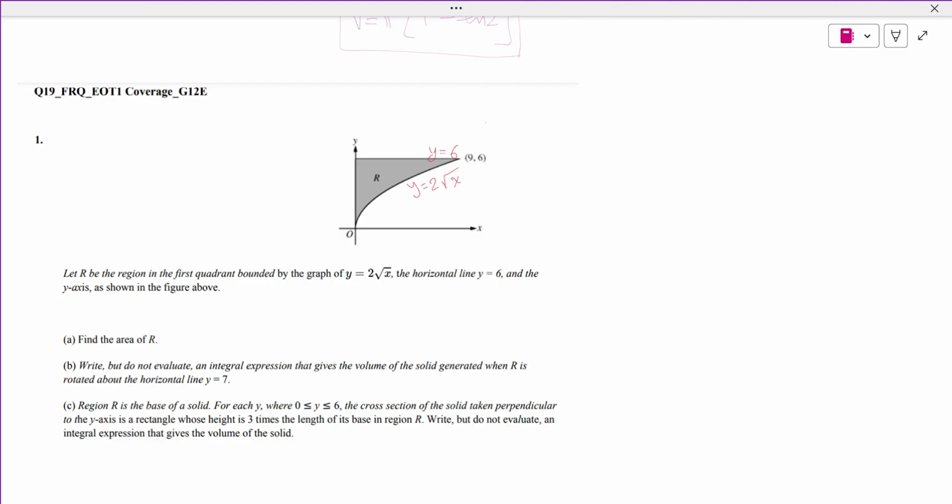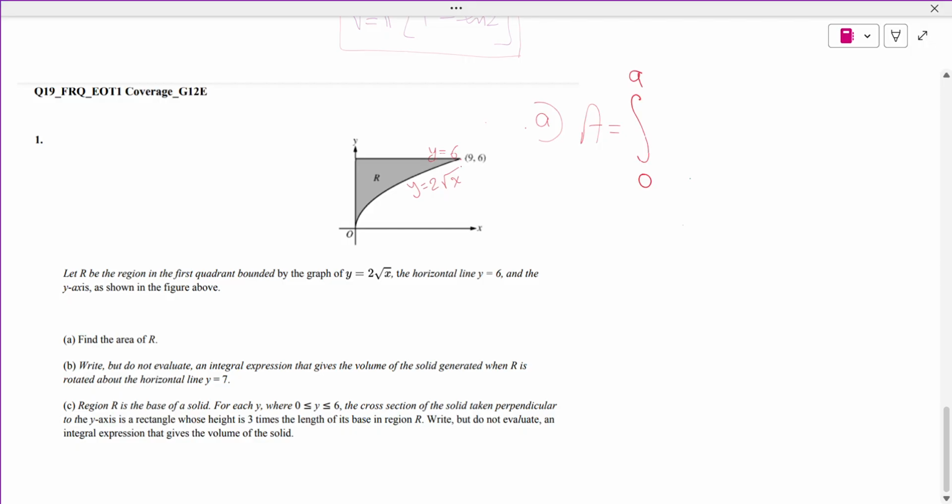In the first part, we need to find the area of region R. So finding the area in part A, the area equals the integral from 0 to 9.